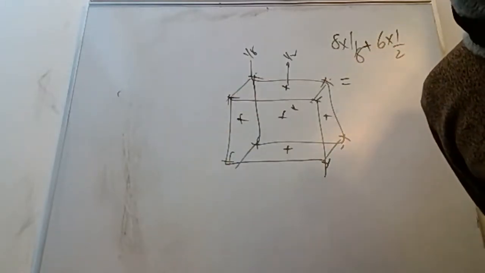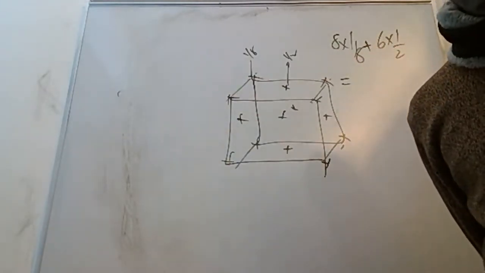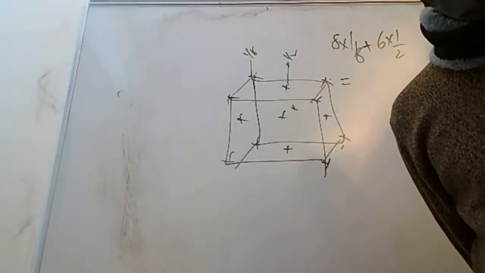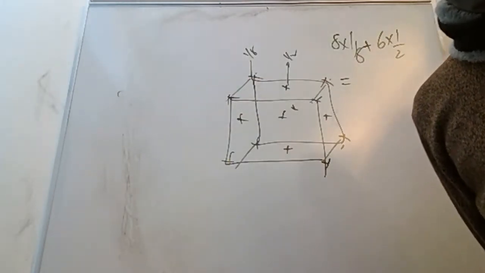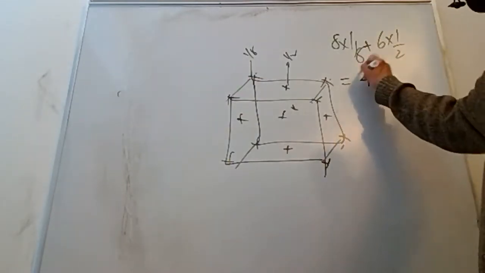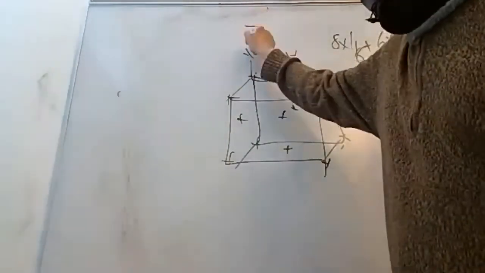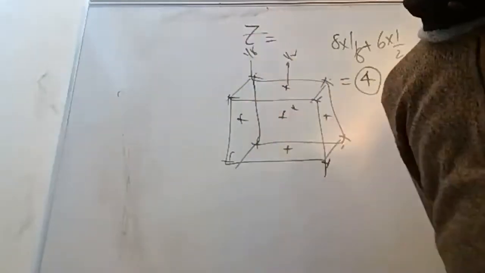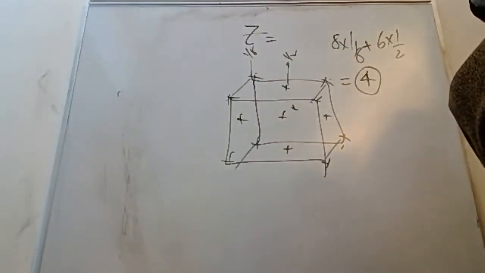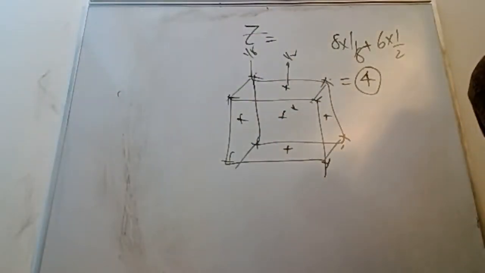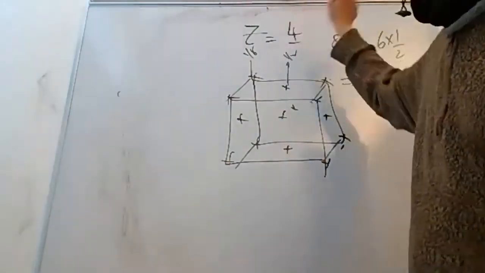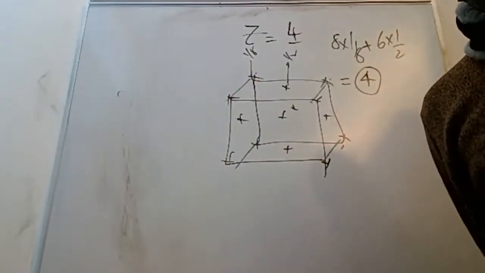So what is that total now? 8 times 1/8 plus 6 times 1/2 is 4. So for a face-centered cube, we say the effective number, just like the effective nuclear charge, in solids the Z is different. The effective number is 4 for a face-centered cube.